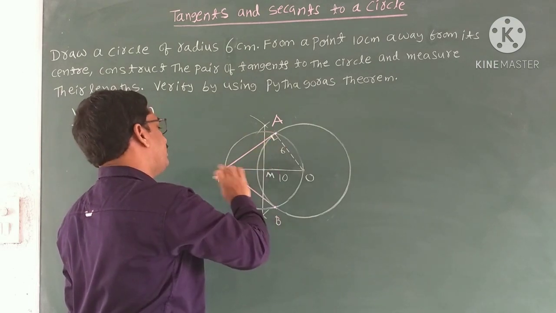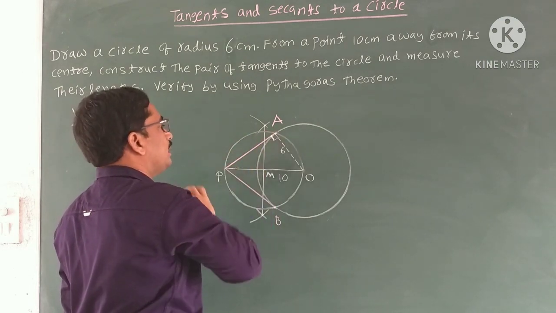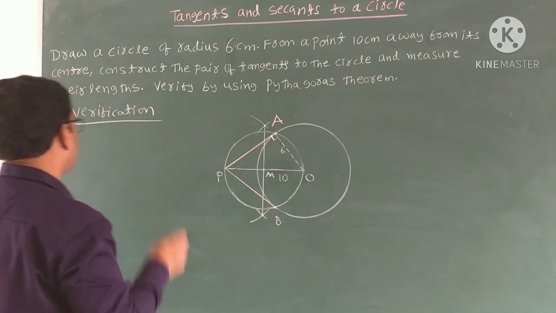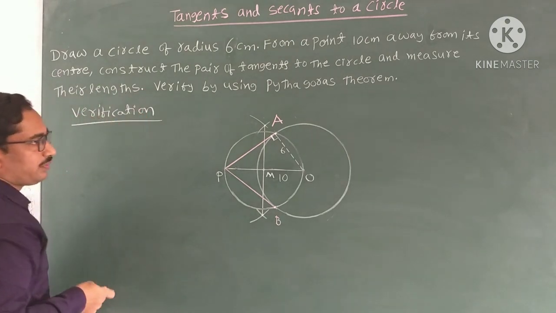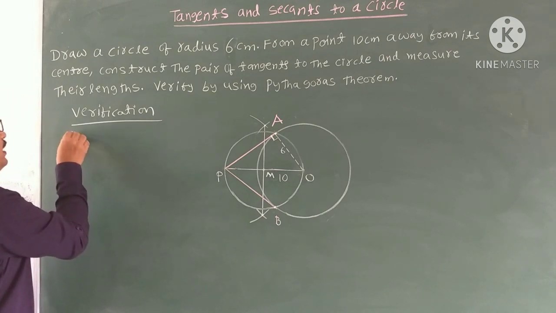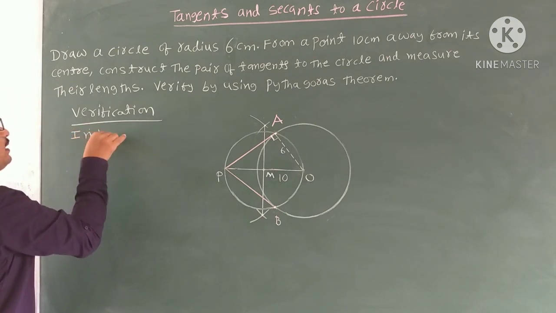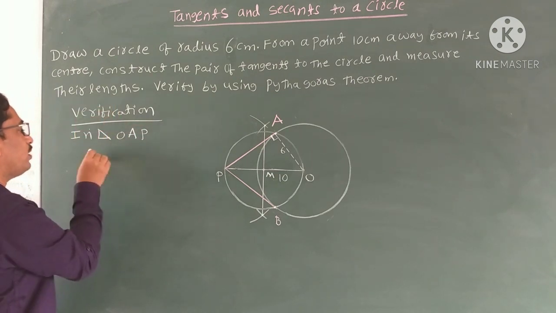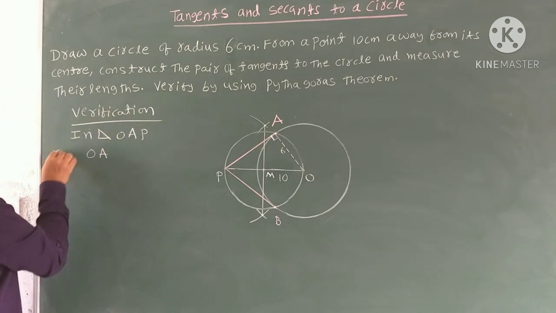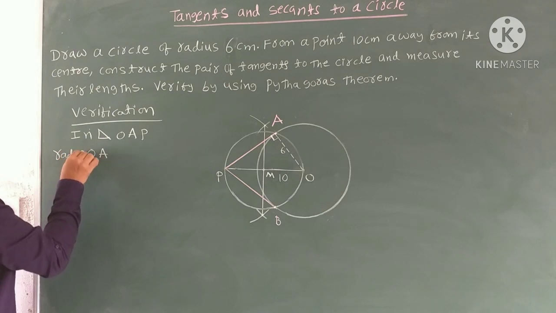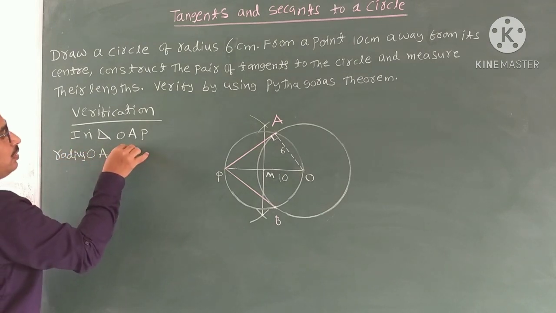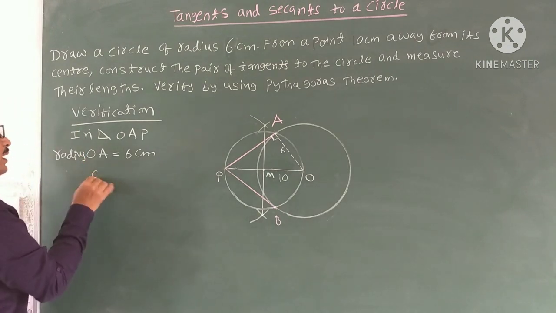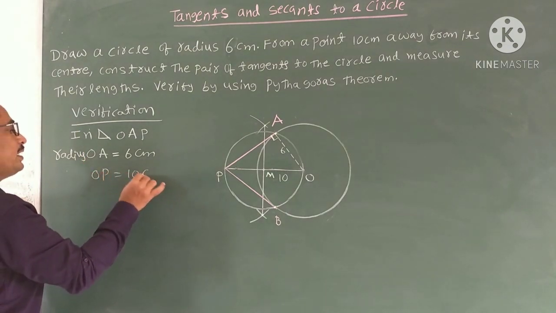Now verify whether PA and PB are equal or not by using the Pythagoras theorem, the verification. So before the verification, write the measurements in right angle triangle OAP. In right angle triangle OAP, OA is the radius equal to 6 centimeters, OP is also given 10 centimeters.